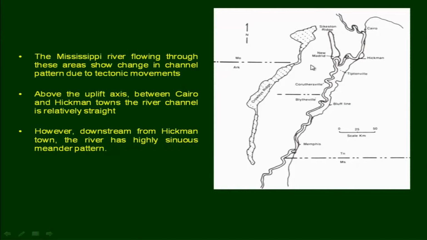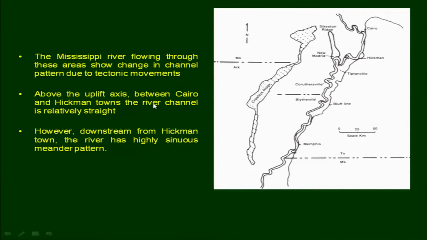Downstream from Hickman town, the river has a high sinuosity pattern. It becomes highly sinuous as it moves downstream from the Hickman side.